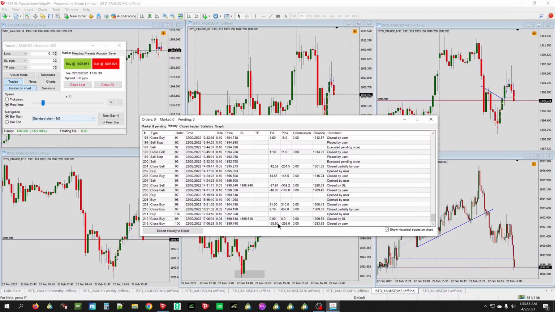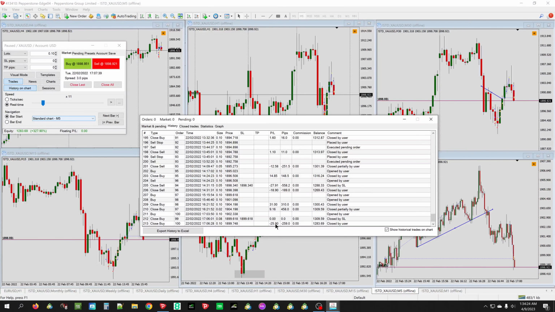So these trades, minus 20, minus 25 US dollars and minus 18 US dollars, weren't right trades, and I took a lot of stop loss in my sell trade. So there are a lot of mistakes that I made today, which basically put me in a very bad position.